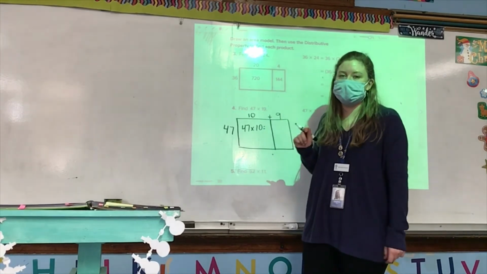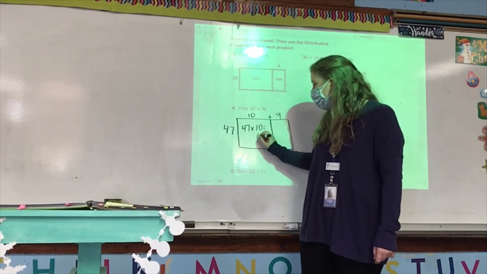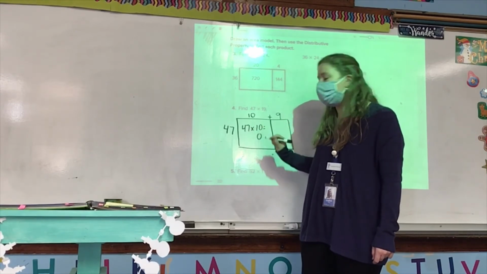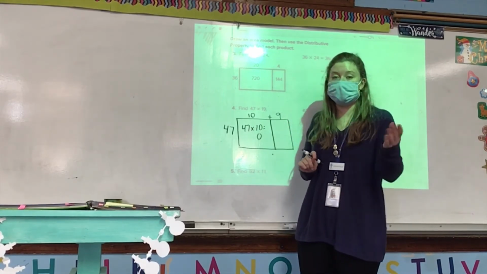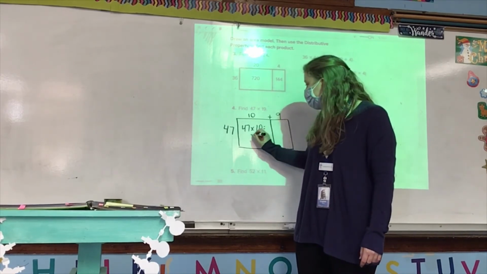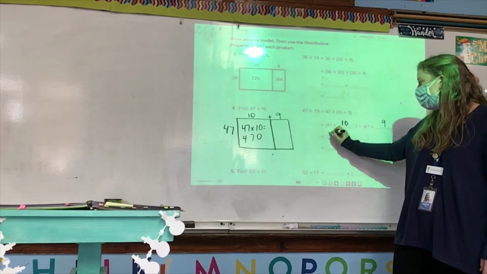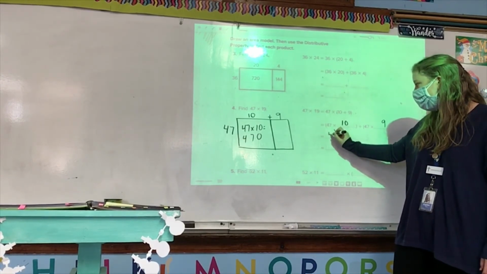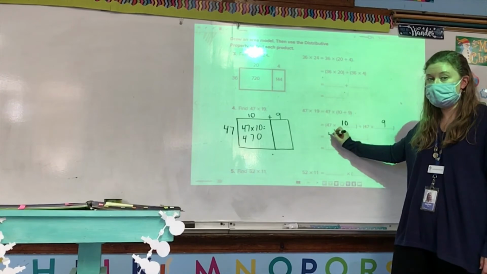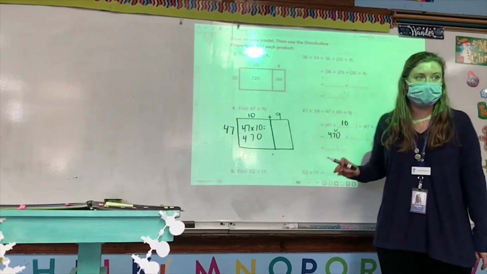Because we know what digit is going to go in the ones place? A 0. And then we only have to solve 47 times 1, which is? 47. So Zari, 47 times 10 is? 470. Watch out, because that'll happen a lot.